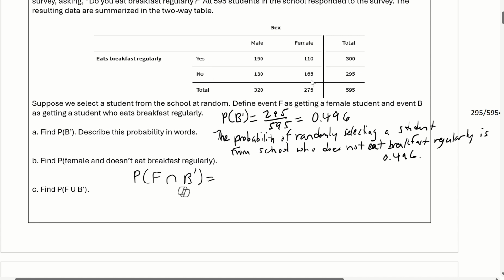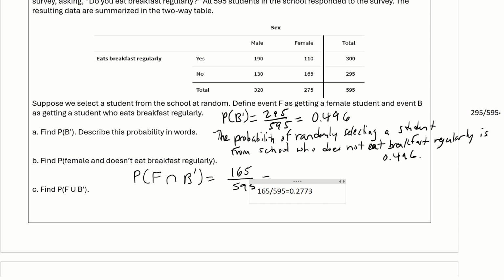So we got 165 female non-breakfast eaters divided by 595. Of course we have to do the calculation for that, so we got 0.277.